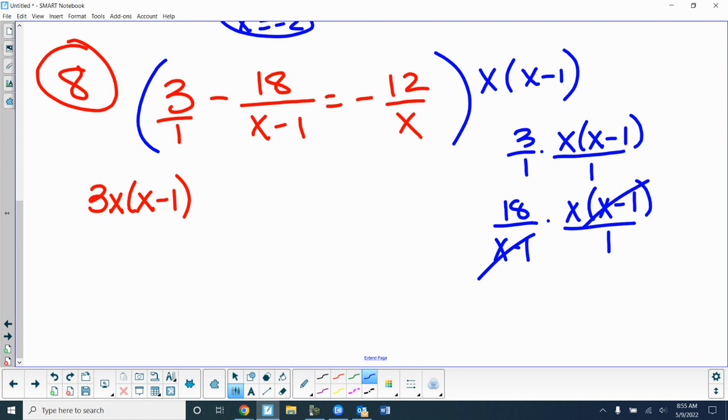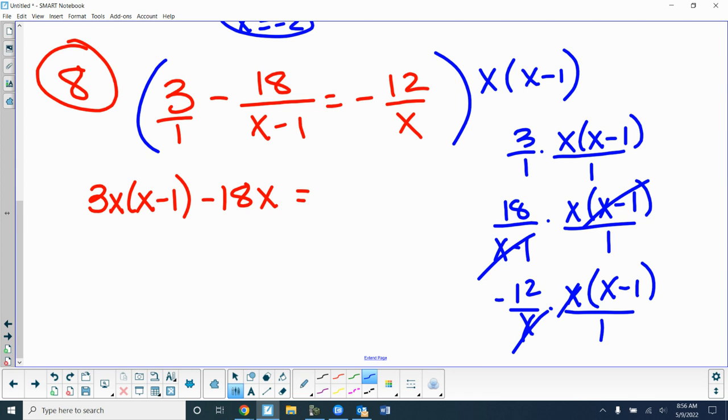So I get 18x, but it's minus, right? And then when I do negative 12 over x minus 1 over 1, the x's cancel. So I get negative 12 times x minus 1. Any questions on that new equation we just wrote? How we got it? No more fractions. That's the reason we're doing that. Makes it a lot easier now.